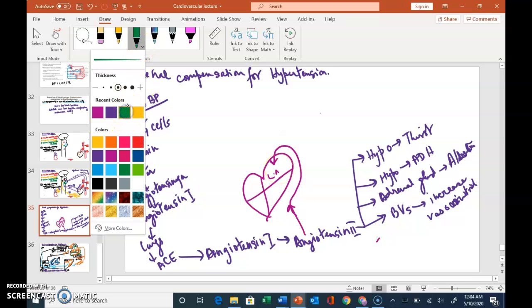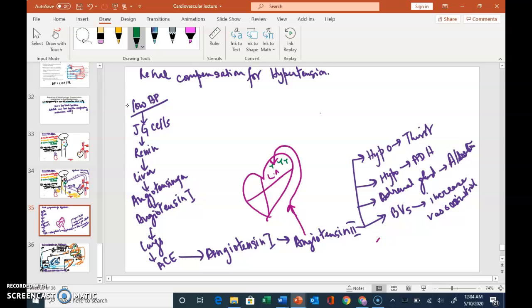Let me draw these receptors. It activates these receptors and ultimately leads to the formation of a protein called ANP, which is atrial natriuretic peptide.